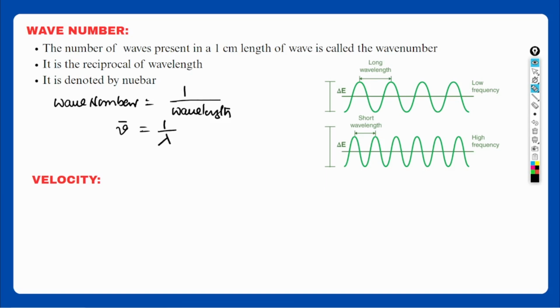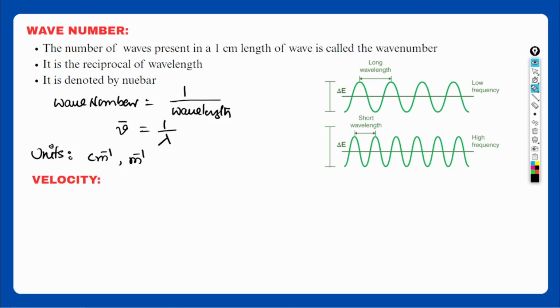Units of wave number: centimeter inverse or meter inverse. That's fine. If wavelength increases, wave number decreases. Now see the first wave in the diagram.